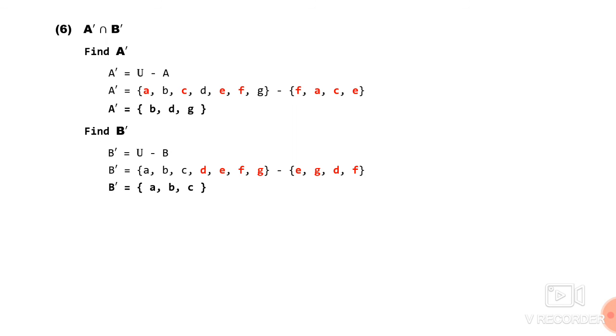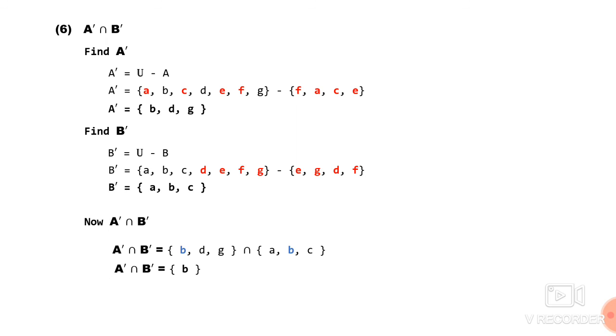Now you have to find the intersection of A complement and B complement. Write down the set of A complement first, then intersection, and the set of B complement, and then just write down the common elements. So A complement intersection B complement is just B.